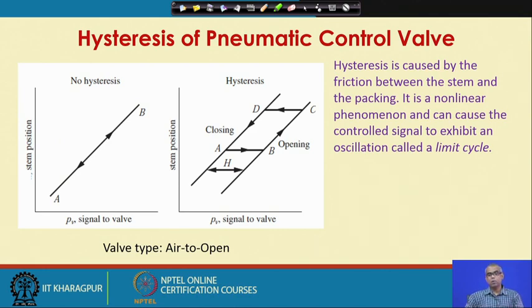Next, let us talk about hysteresis of a pneumatic control valve. Previously, we talked about hysteresis that you find in instruments when we discussed performance characteristics of instruments. Generally, hysteresis is found in instruments which have an elastic member.